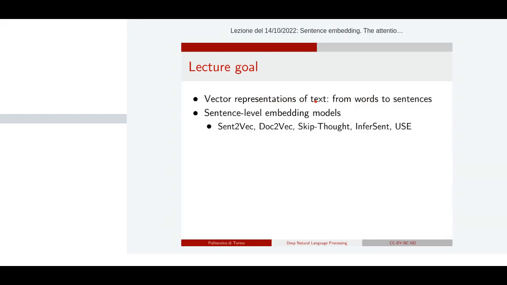So first of all, we will introduce sentence embeddings as an extension of the word-level embeddings previously described in the last lecture. And then today, we will have an overview of a key element of transformer systems, which is called the attention mechanism.